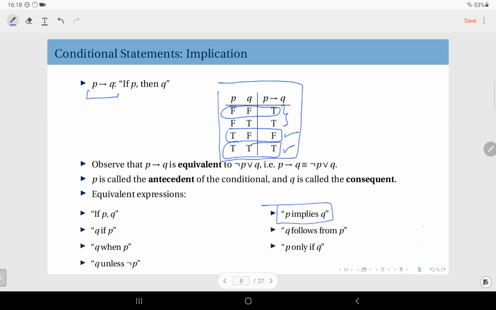And I believe the input combination that leads to most confusion is this one. When P is false and Q is true, why is the implication true? Let's say this is false and this is true, then we say that there is implication between the two. P implies Q, right? This is a little bit counterintuitive, but what you need to understand about implication is that the only case you don't have the implication is this one.